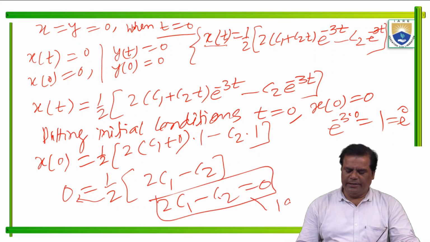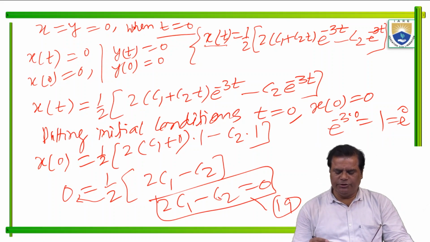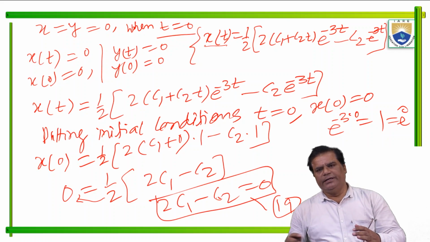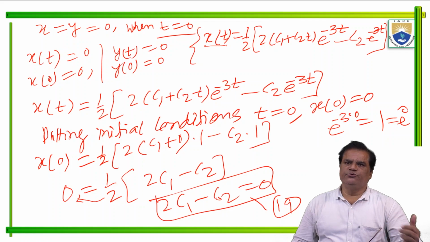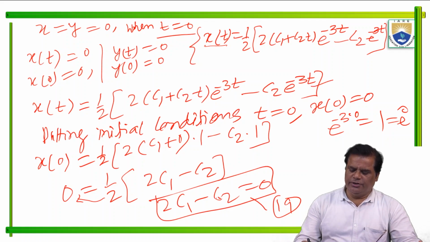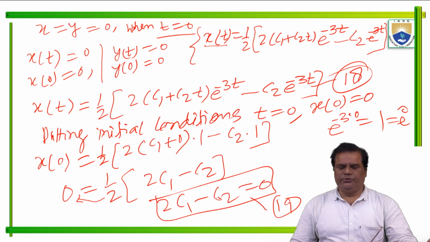This is equation 19: 2c1 minus c2 is 0. I put the initial condition in the solution, first equation 18, putting t equal to 0, then x(0) is 0.